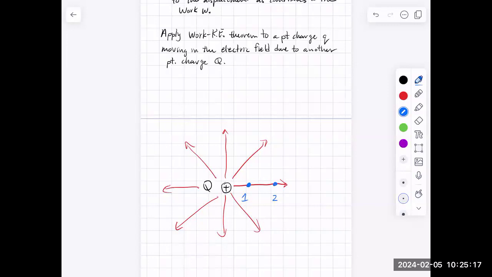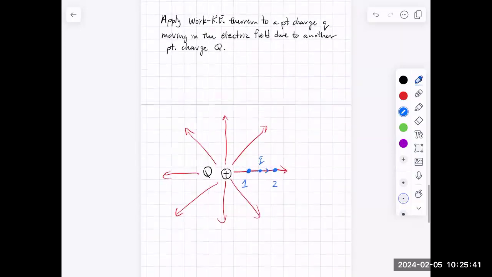I'm going to choose, in this case, the simplest possible path, a straight line from 1 to 2. And so we're going to see how much work was done as the charge moves along a straight line from point 1 to point 2.